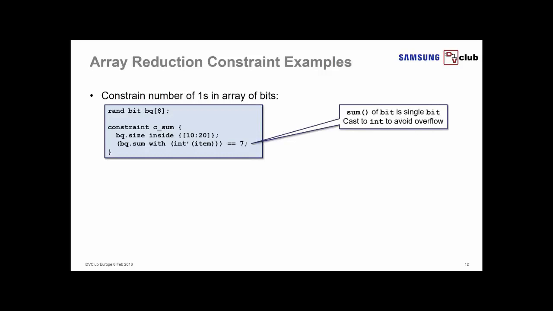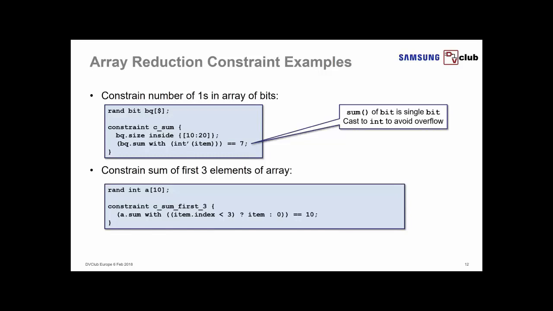You can see here that I'm casting the item variable to be an integer, because otherwise I would try to sum up a series of single bits and get a 1-bit result. I'd get overflows. By casting item to an int, I get a 32-bit result, so I can easily contain the sum of my queue entries in that integer result.